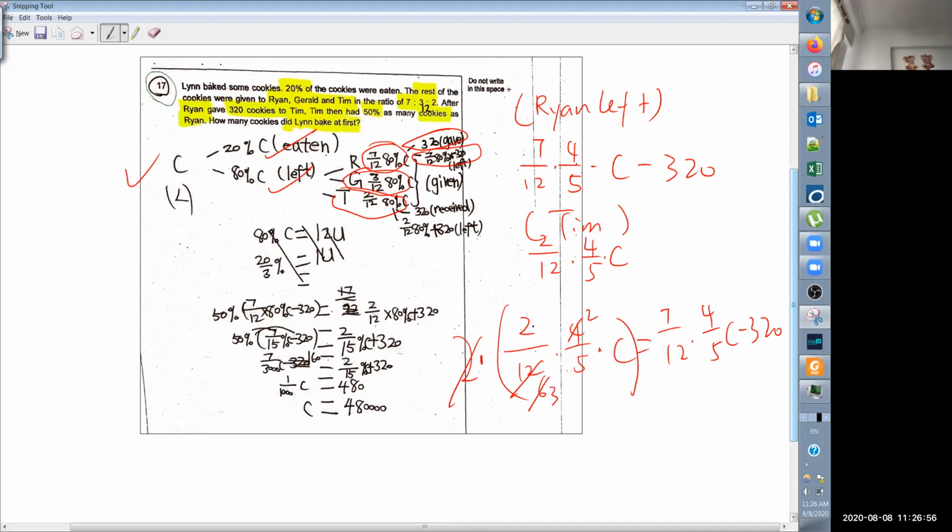So what you are left with is 2 times 2 is 4, 15. C is equal to over here 1, over here 3. So you get 7 over 15.